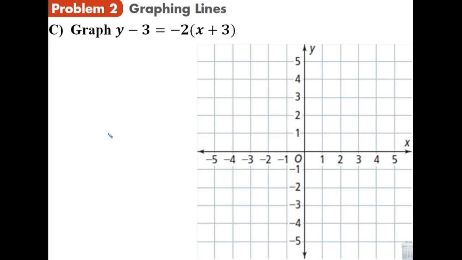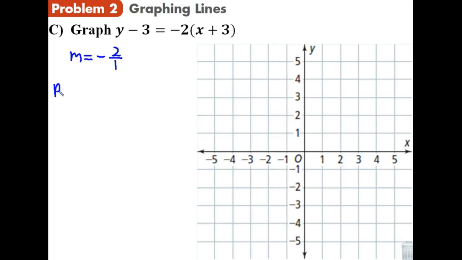We can also graph lines using the point-slope form of the equation. Because again, when we're given a line in point-slope form, we know the slope, which is just this number in front of the x, the -2. We can think of that as a -2/1, so rise of down 2, run of 1.